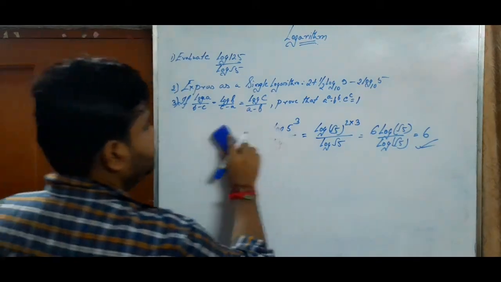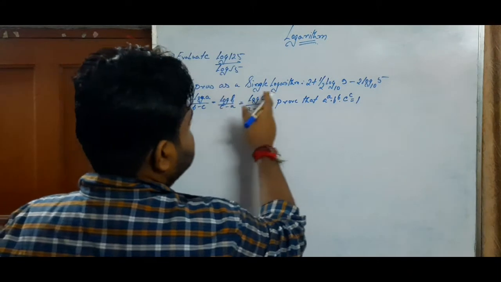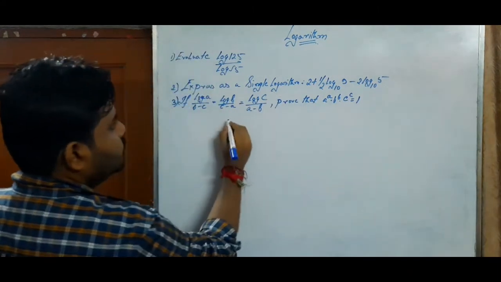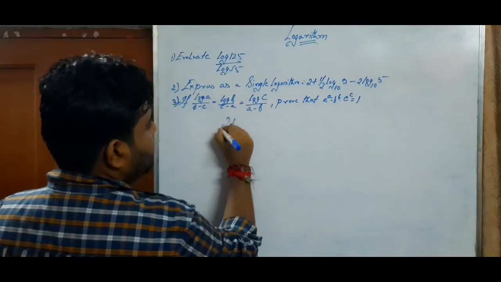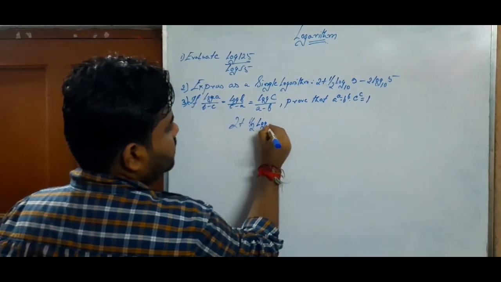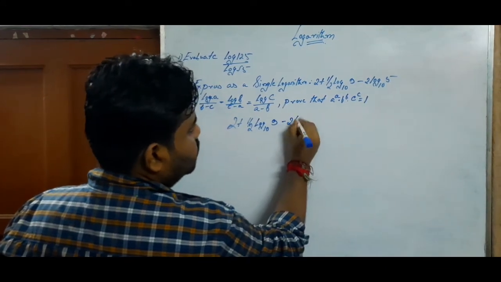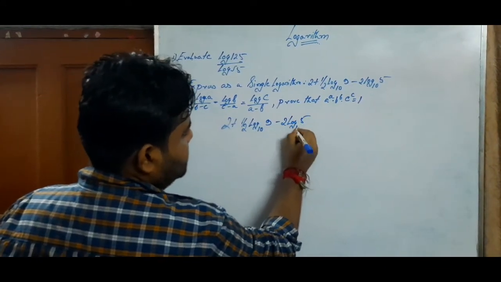The next one, that is express as a single logarithm, that is 2 plus half log 9 base 10 minus 2 log 5 base 10.